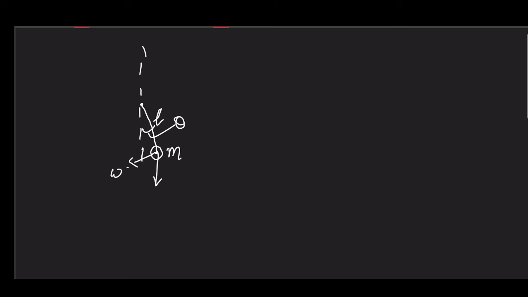Being a massless string, this string represented by length L is incapable of storing any energy. However, we will observe that this mass M can store energy in two different ways. Unlike a common system, here the mass M can store kinetic energy as well as potential energy.